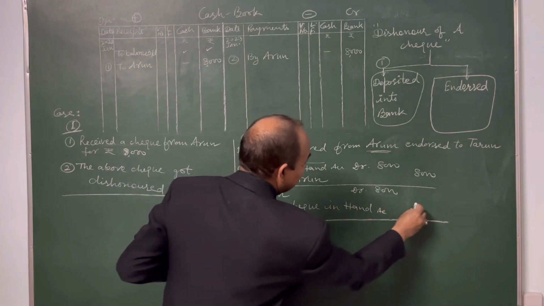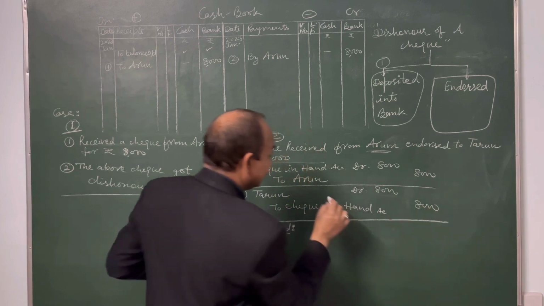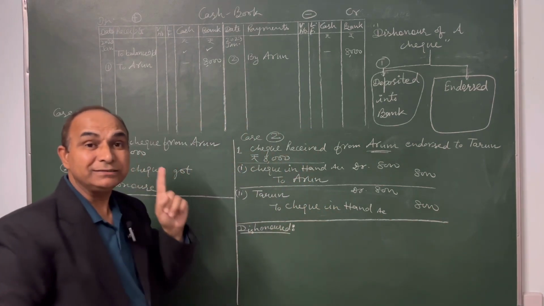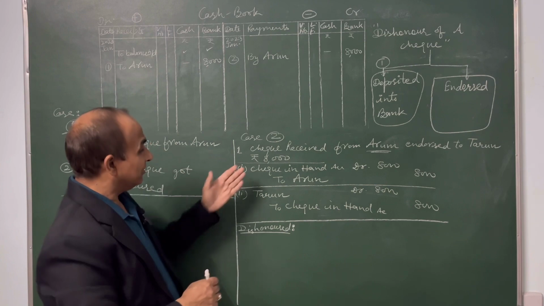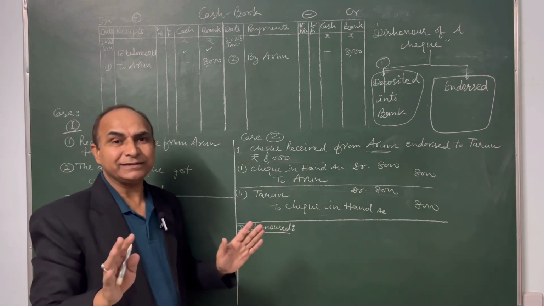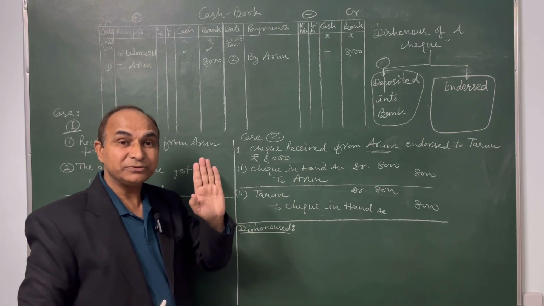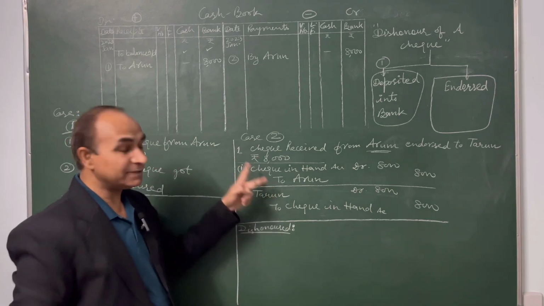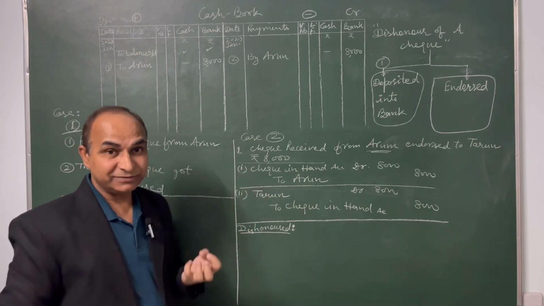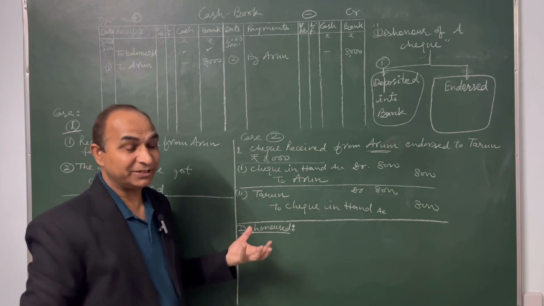This entry is also made in journal proper, because both the entries are not affecting cash book in any way, because the check was not deposited into bank. So these are the first two entries for receiving of check, for endorsement of check.